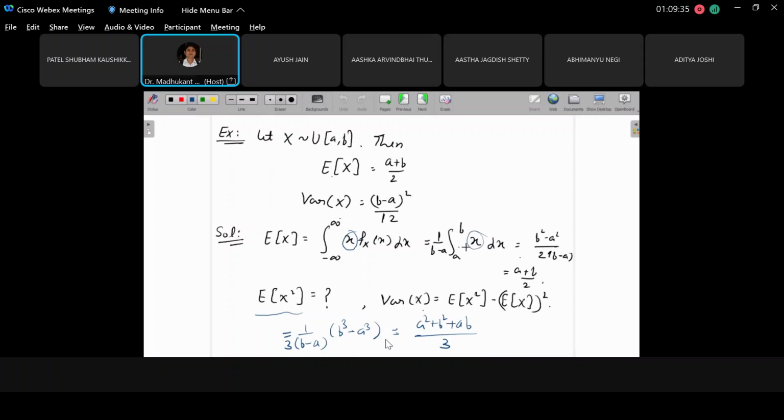I have asked you to solve it, right? If you only follow here, it will be difficult. Okay, I get it. So the x square integration is x cube by 3. So upper limit minus lower limit. It's a very simple exercise.